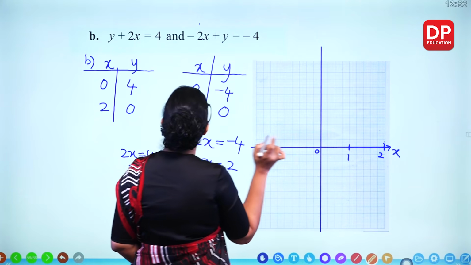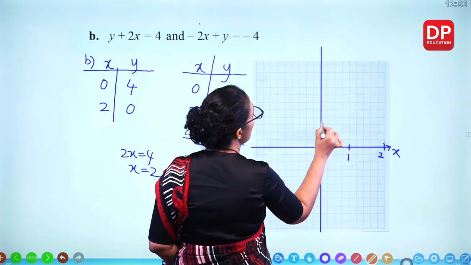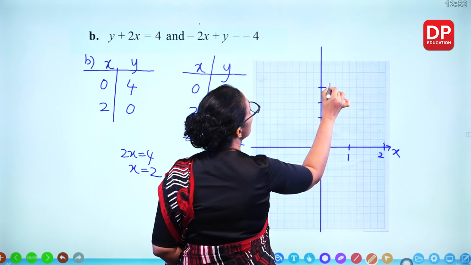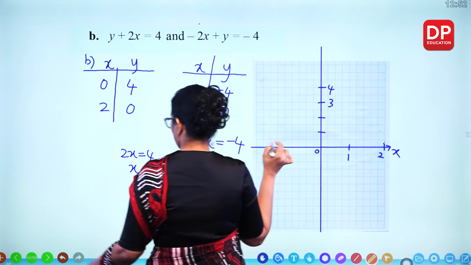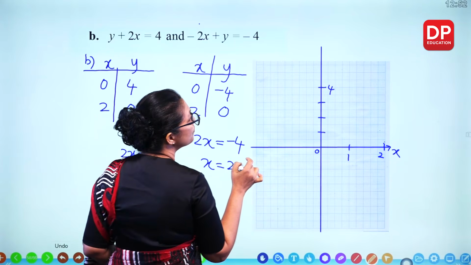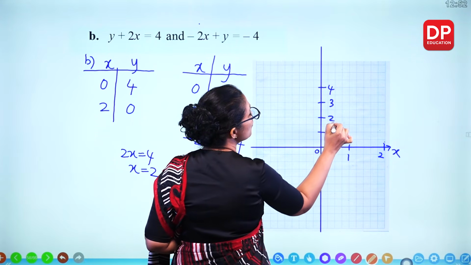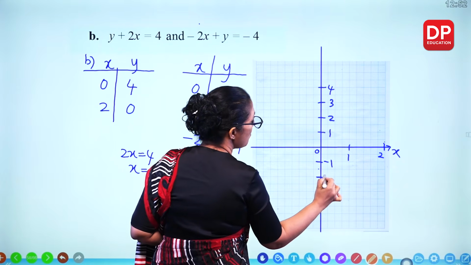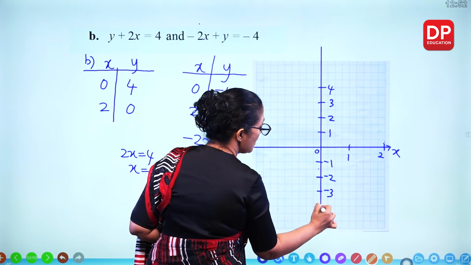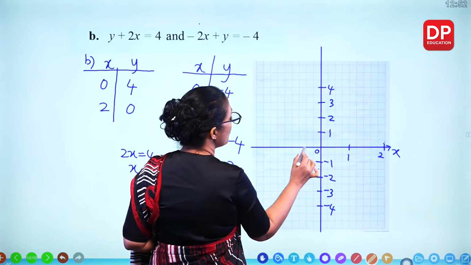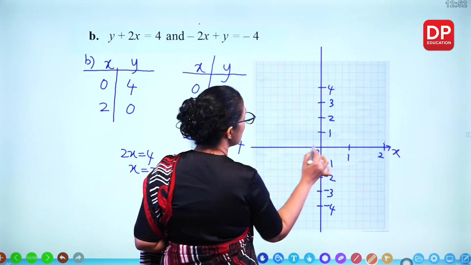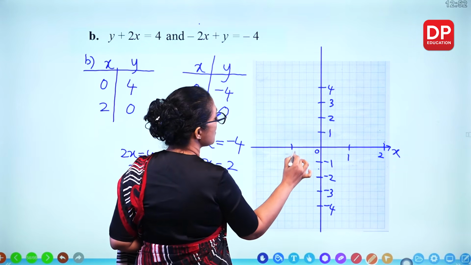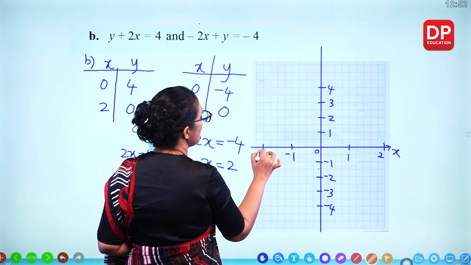This is up to 4. 1, 2, 3, 4. 4, 3, 2, 1. This is minus 1, minus 2, minus 3, minus 4. Here 4 squares. No, this way also you have to take 4 squares. Minus 1 and minus 2.